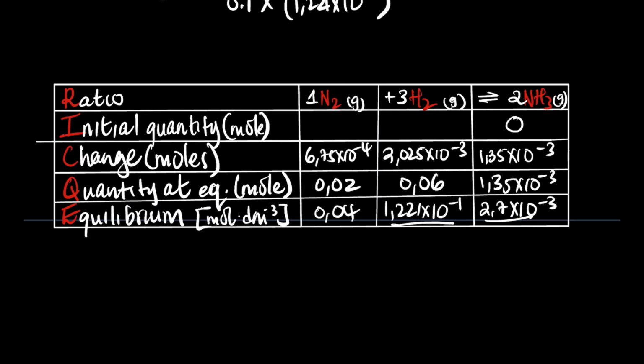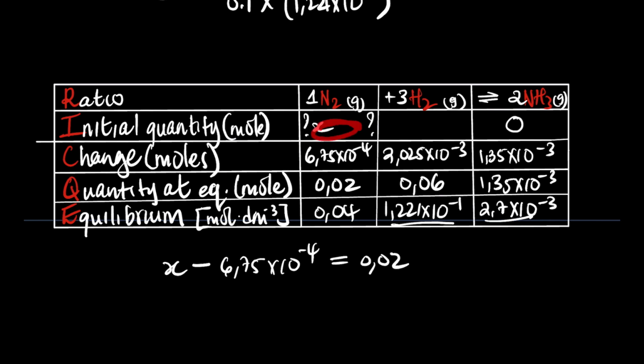Then the value that we want is this one, right? So normally what we do, we used to say this amount minus this amount in the reactants. This amount minus this amount is equal to that. So we'll say that amount is x. So we'll say x minus 0.75 times 10 to the power negative 4 is equal to 0.02.